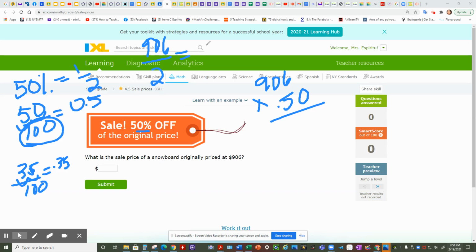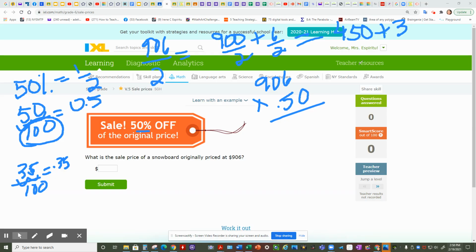Split into 2. If I split this into 2, it would be easier for me to just split the 900 and the 6. And then I divide each of them by 2. So 900 divided by 2 is 450, right? And 6 divided by 2 is 3.